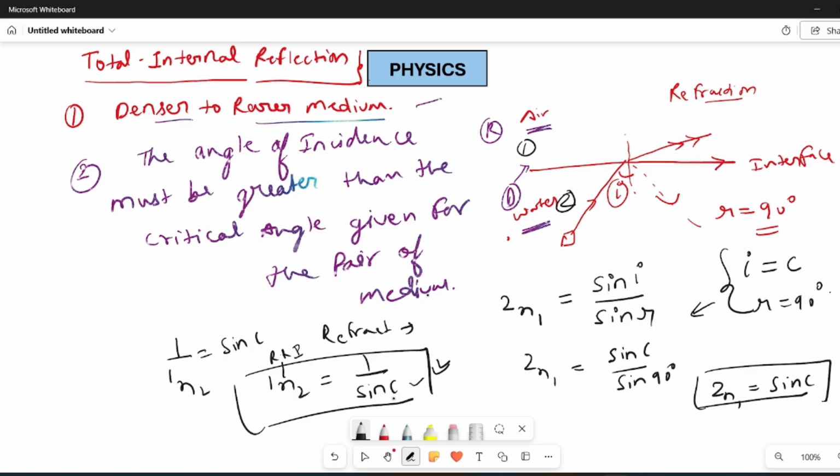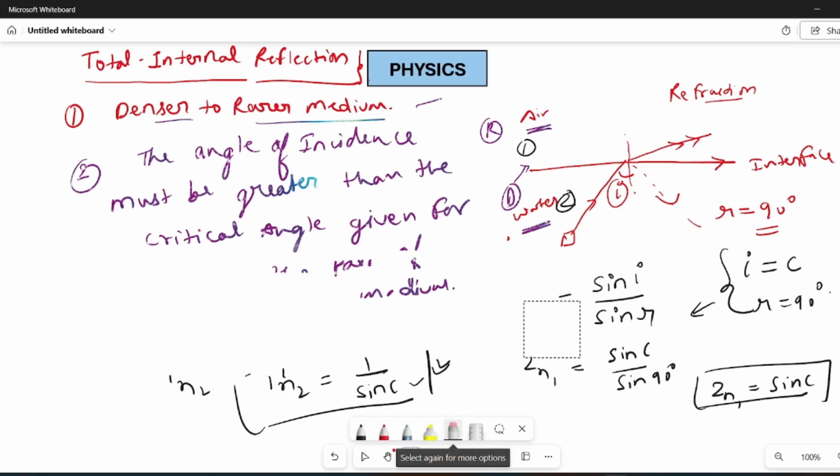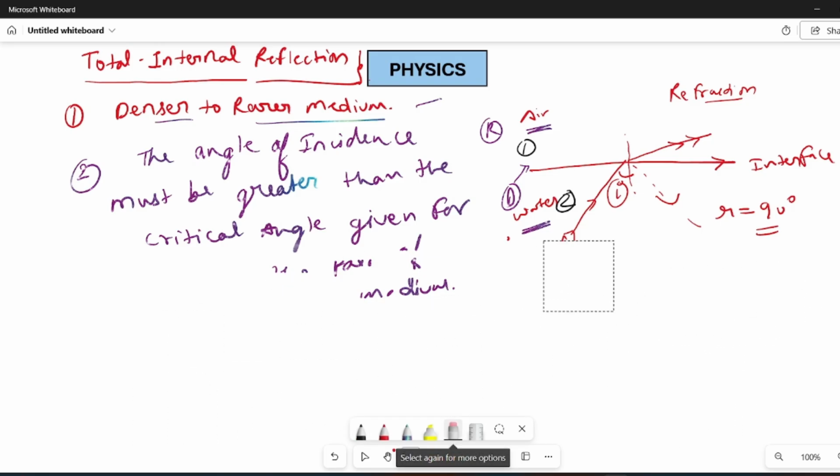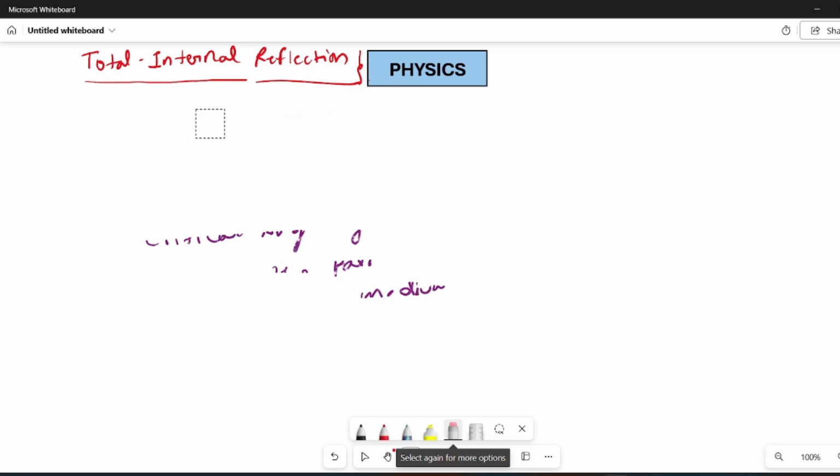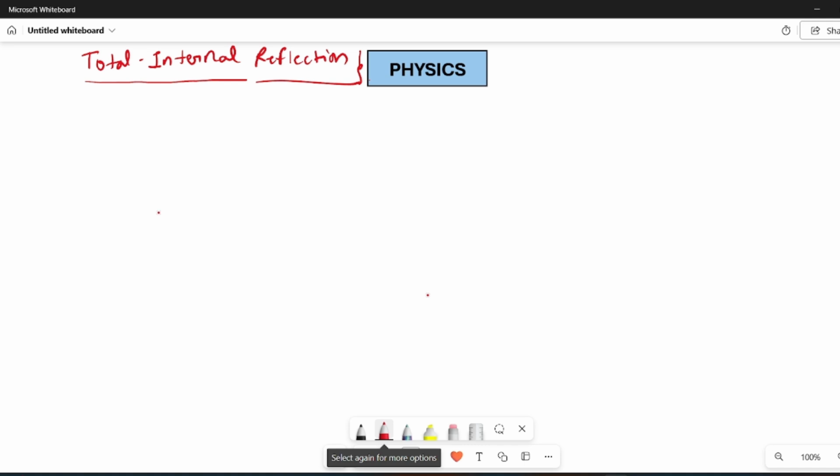It is an inverse relationship. Okay, let's see how it is given. See, my formula says 1n2 equals 1 upon sine C.